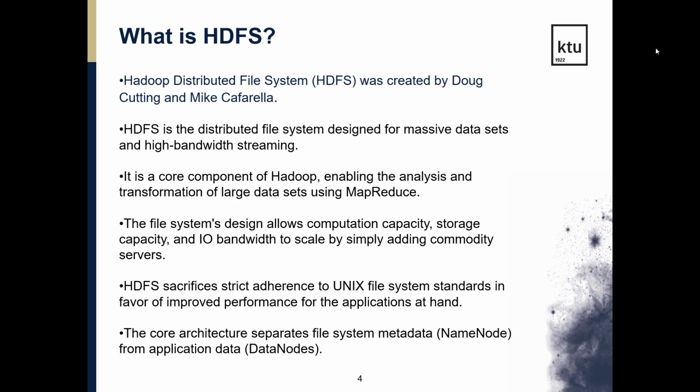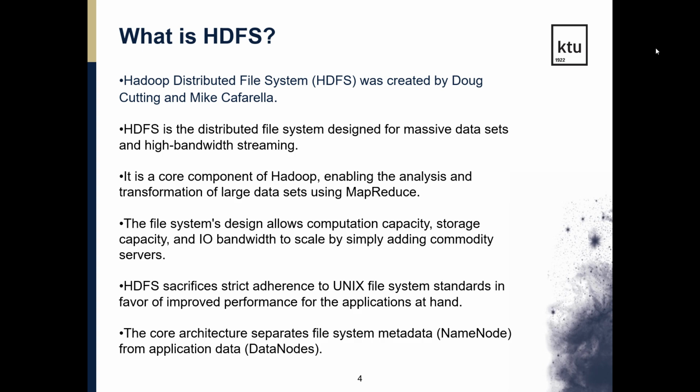The file system design allows computation capacity, storage capacity, and I/O bandwidth to scale by simply adding commodity servers. When we add new servers, we can handle the load faster. HDFS sacrifices strict adherence to Unix file system standards in favor of improved performance for the applications it serves.